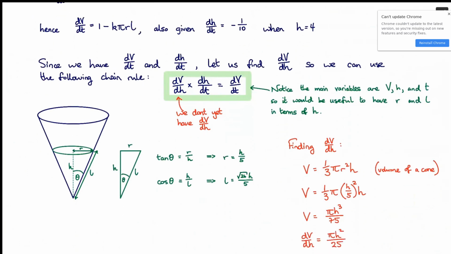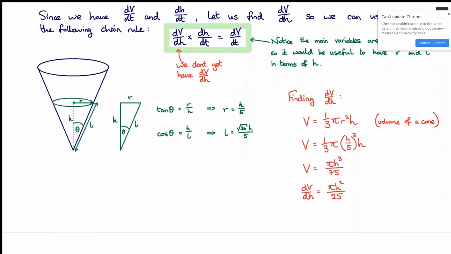I'm also noticing that all of these expressions are in terms of V, h, and t, so I don't really want to have r and l in my equations. So here I've drawn the same diagram again, but a little bit differently. This is showing the level of the liquid, which is not at the full height, it's somewhere lower down, and that depends on how much liquid is in there.